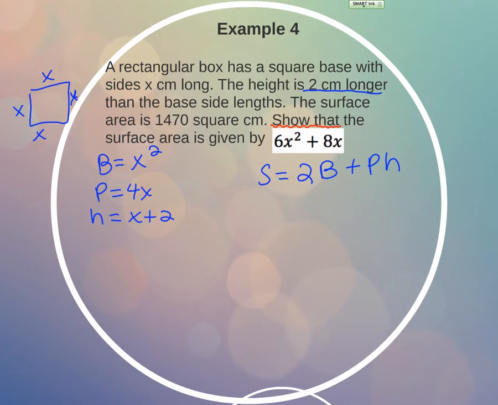So what we can do is plug all of those pieces in. So I have 2 times the area of the base, which is x squared, plus the perimeter, which is 4x, times the height, which is x plus 2.